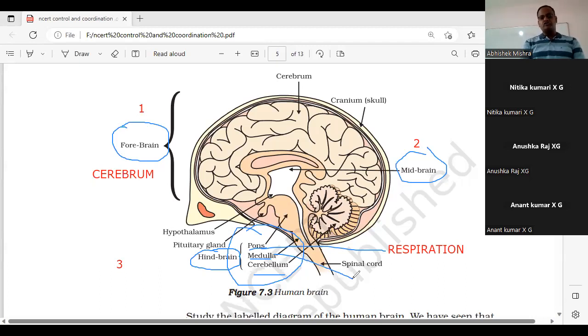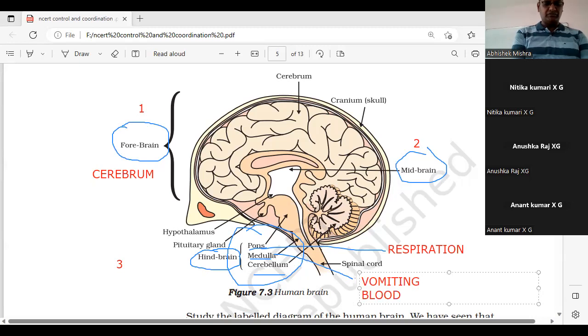Now, the medulla controls some involuntary reflexes like vomiting and blood pressure. So these are all controlled by the medulla.